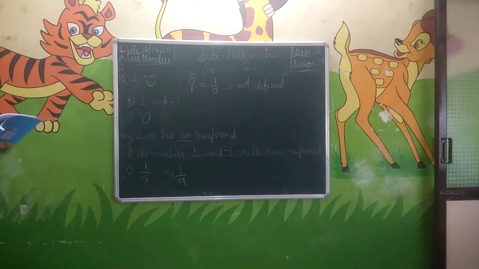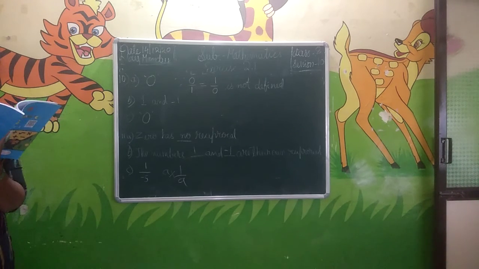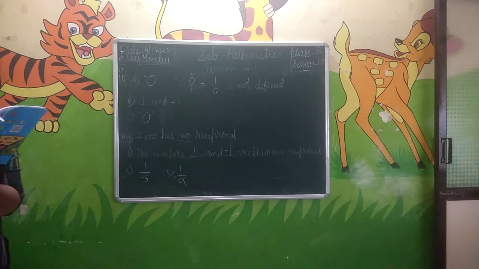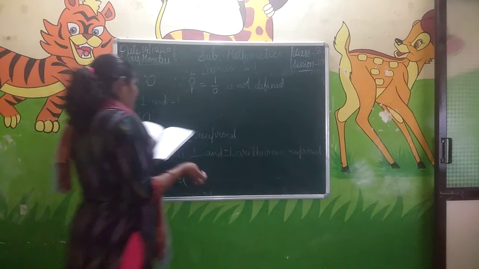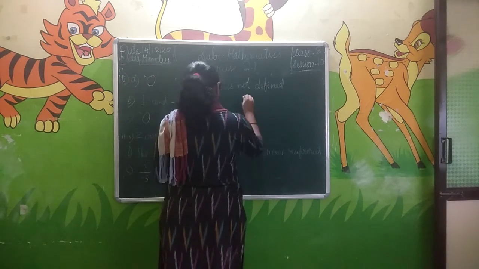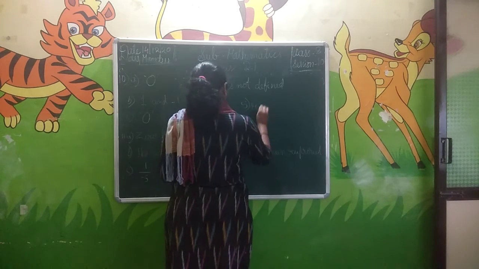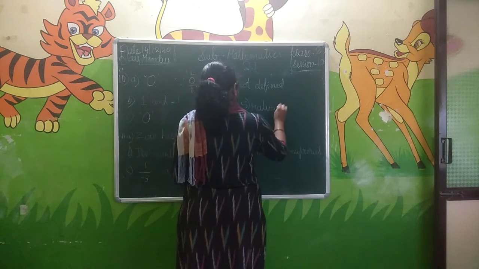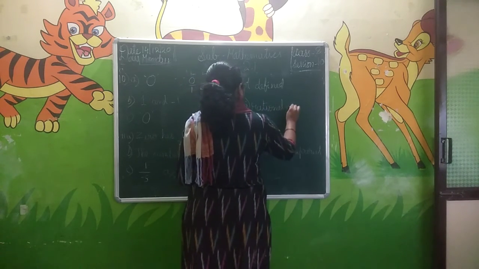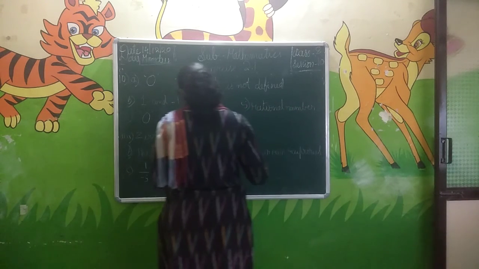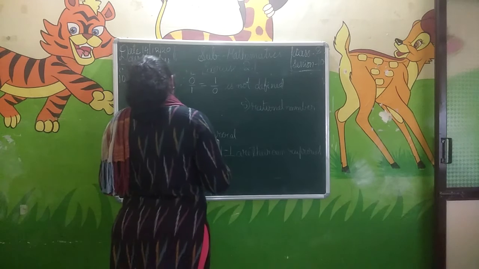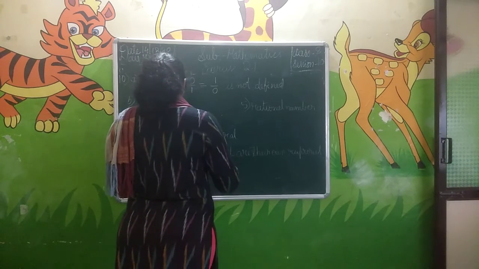Next, the reciprocal of x, where x is not equal to 0, is 1 by x. The product of two rational numbers is always a rational number itself. Fifth one: the product of two rational numbers is a rational number. The reciprocal of a positive rational number is what?